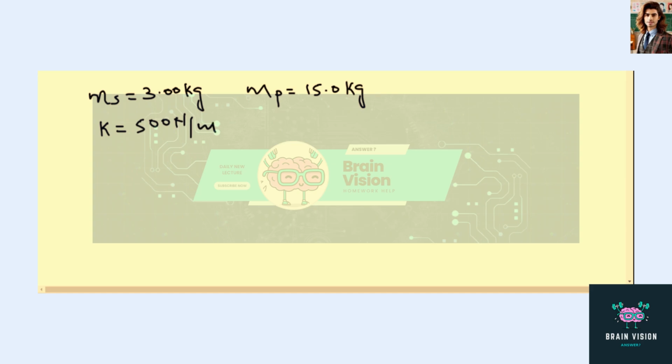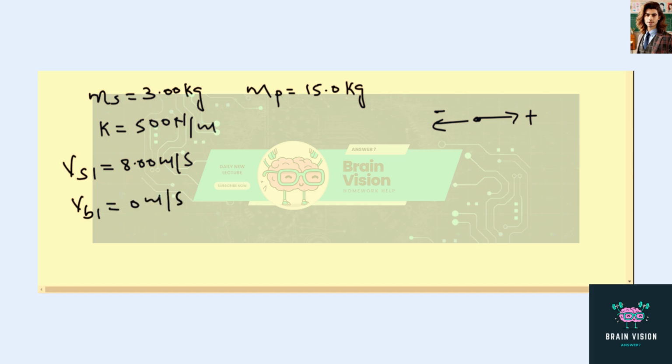Taking right as the positive direction and left as the negative direction, we have the initial velocity of the stone equal to 8.00 meter per second, and the initial velocity of the block, VB1, is equal to 0 meter per second.